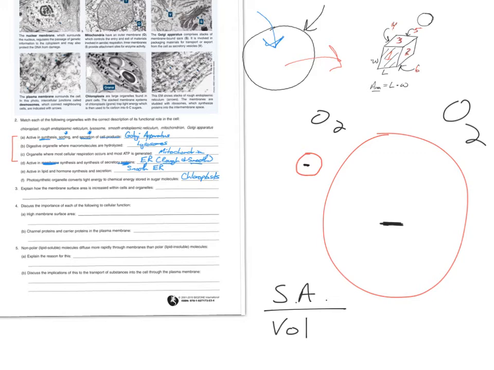But if you go beyond that, if the volume is really big but the surface area is small relative to that, if the cell gets too big, then the cell can't function. That's why there's a size limit on the cells. Does that make sense?